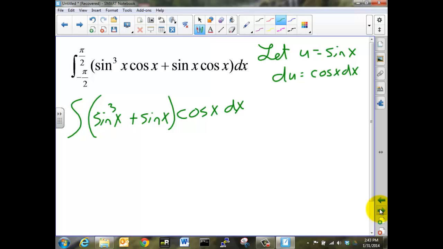Now look at what we've got now. For this right here, we can put du, can't we? For the parentheses, what can we put for just the lone sine x? U. And what can we put for the sine cubed? U cubed.